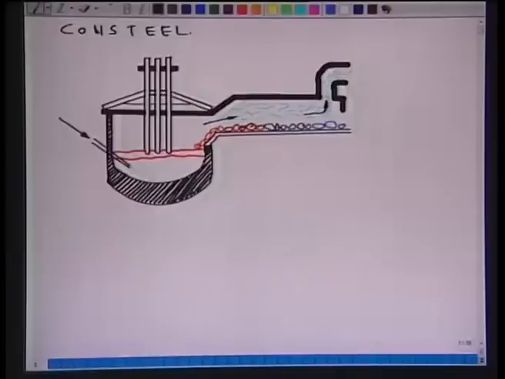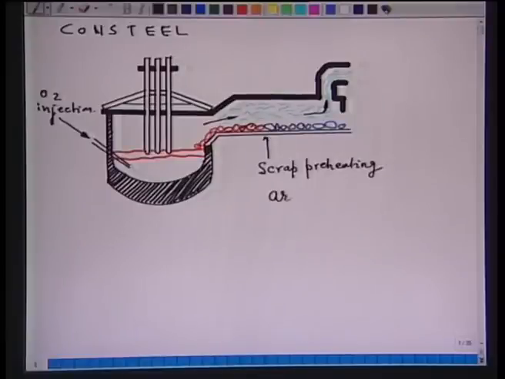Another development for scrap preheating which is also working in some plants is a continuous development. This development has been done by Con Steel. Here this is an oxygen injection. This you can call a scrap preheating arrangement.